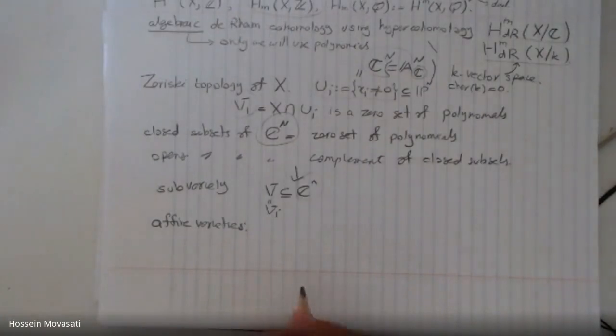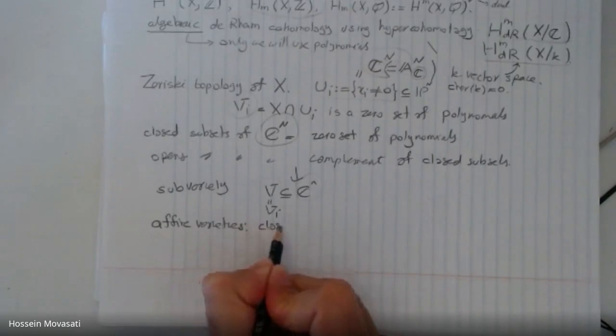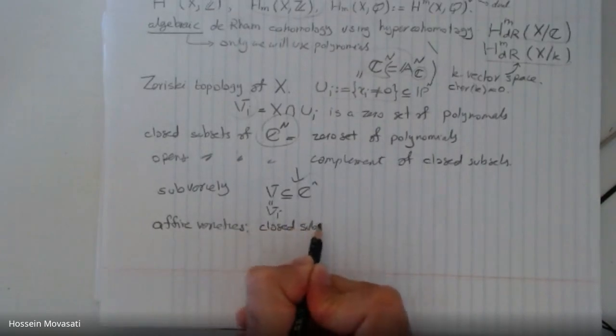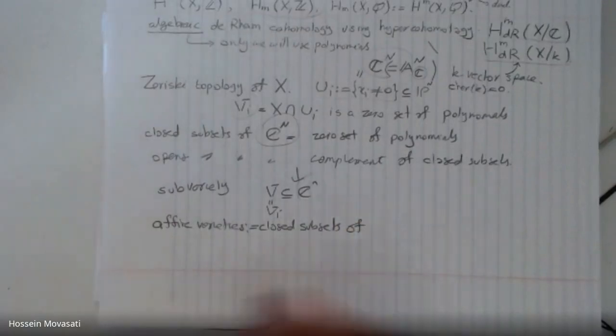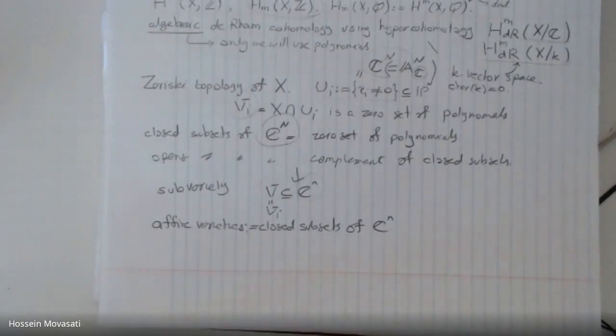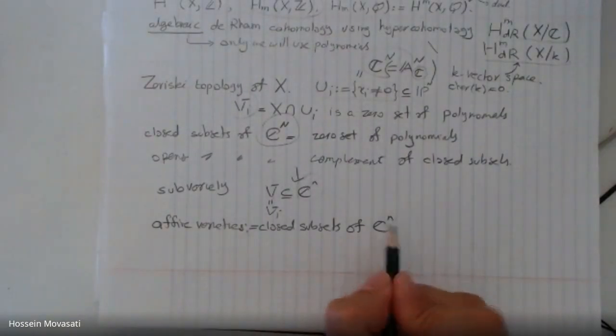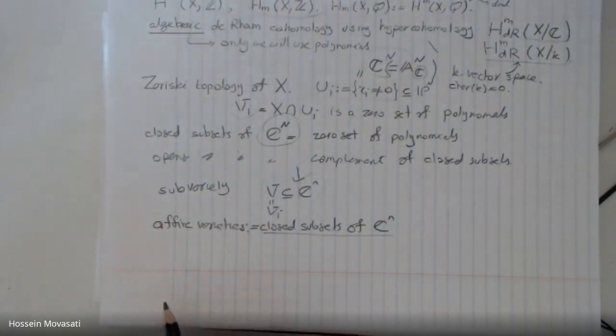And what are these affine varieties? Closed subsets of C^n, and so this means that they are zero sets of polynomials.